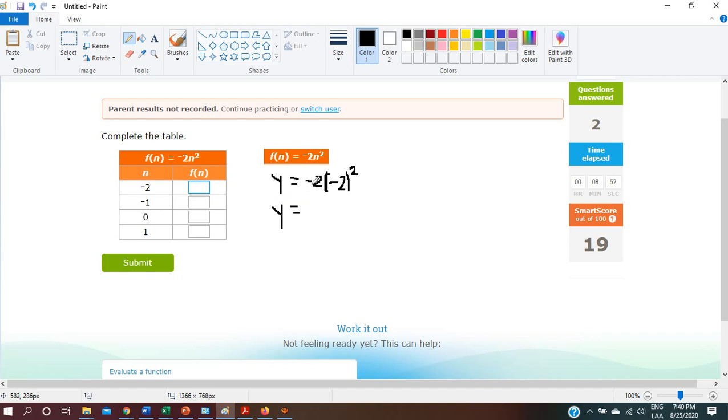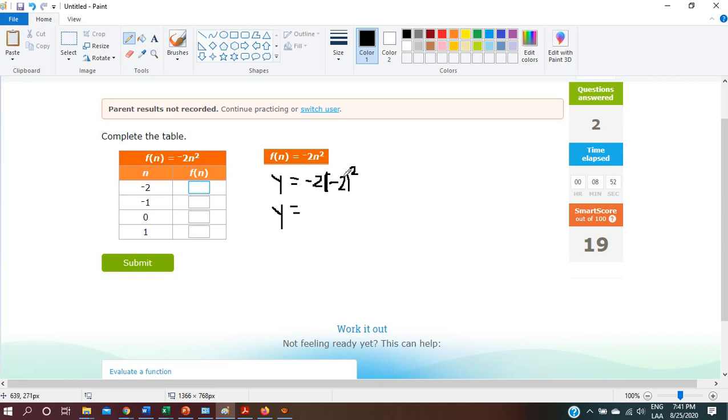Are we going to multiply -2 times -2, or are we going to raise to the power? We're going to solve the exponent first. According to the order of operations, first we have to solve the exponent before solving the multiplication.